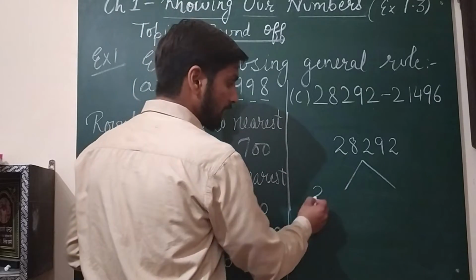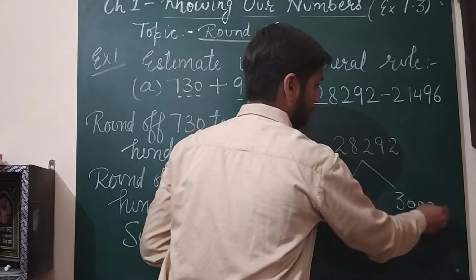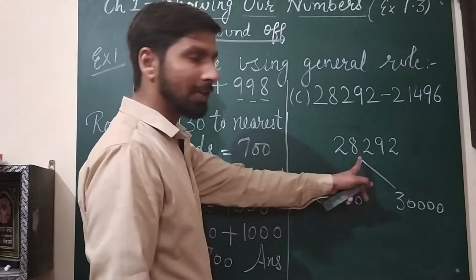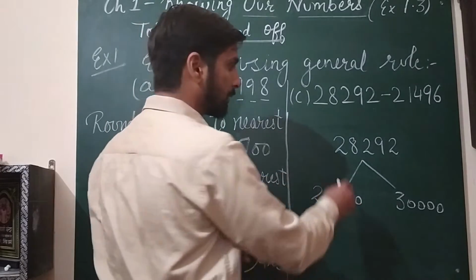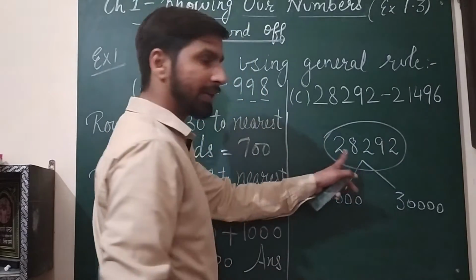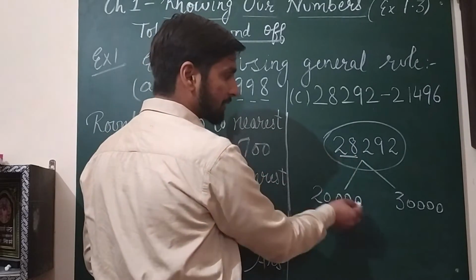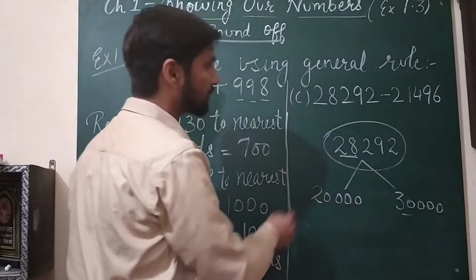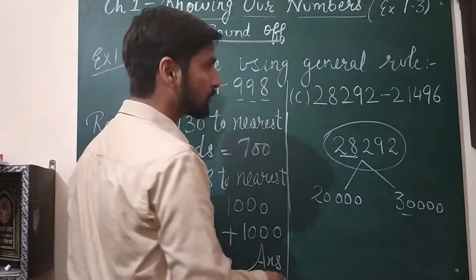So the numbers are 20,000 and 30,000. Now 28,292 lies between 20,000 and 30,000. I have to check the number to which 28,292 is nearer. So 28,000 is nearer to 30,000.